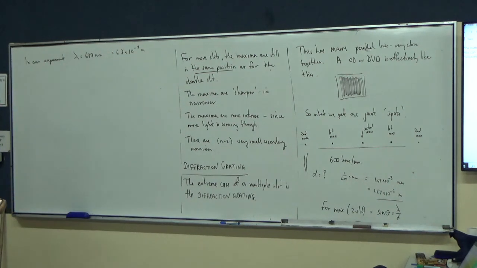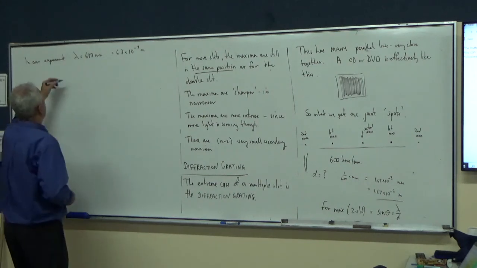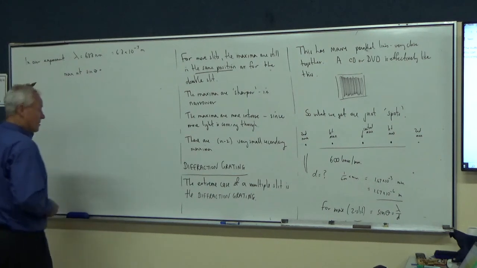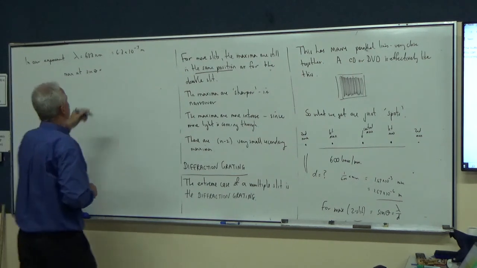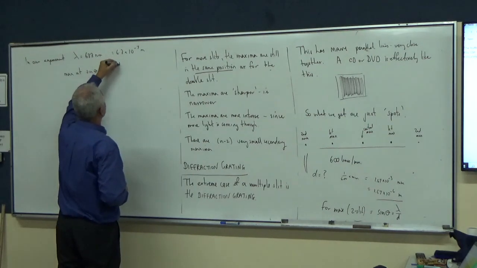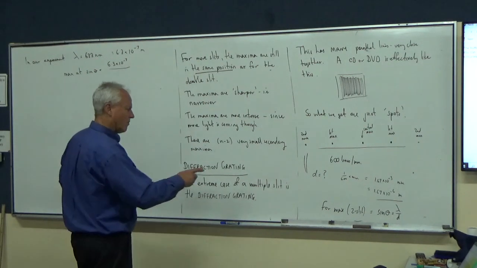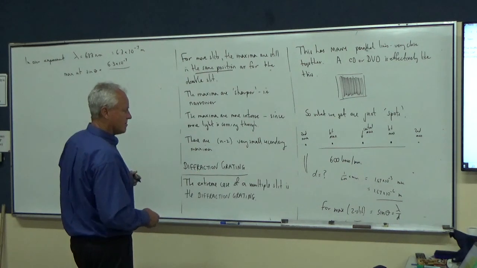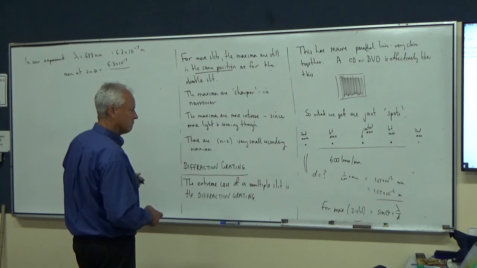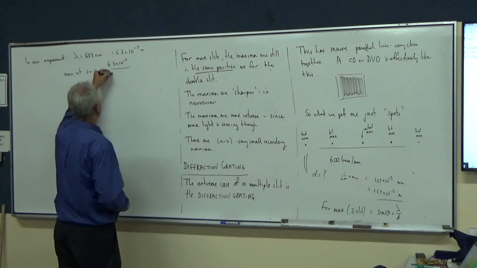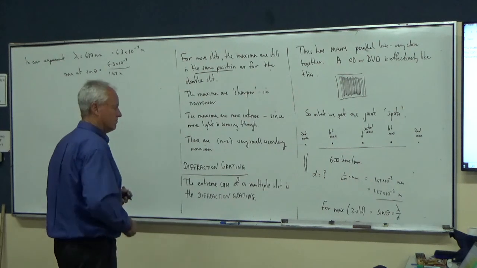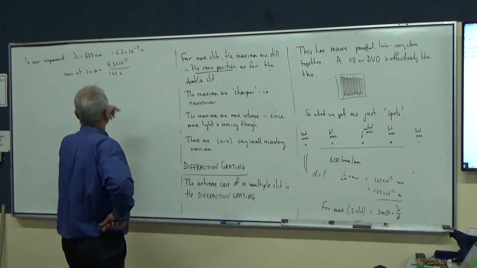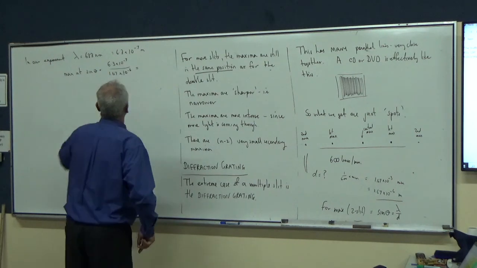I just want a rough idea. Maxima at sine theta equals lambda on d, 6.3 by 10 to the minus 7 over 1.67 by 10 to the minus 6.